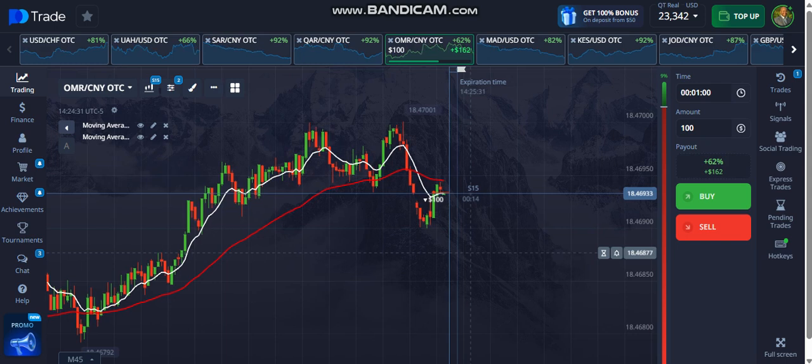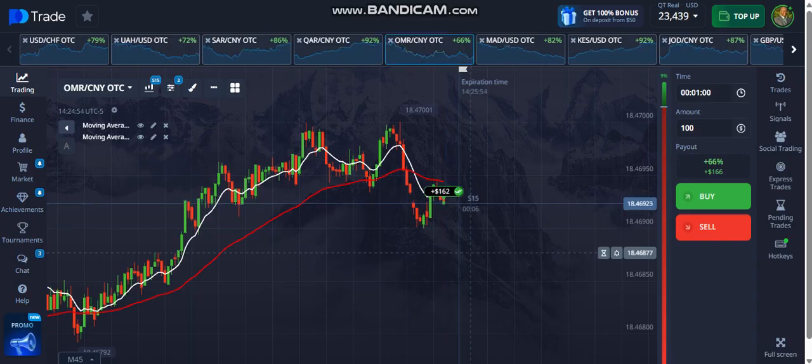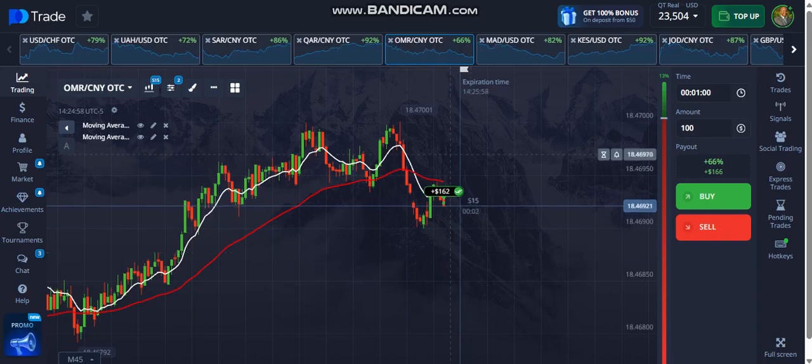See if it'll push back down and respect that 10 EMA line. Okay, great. So it did respect the line, and we have another winner here.